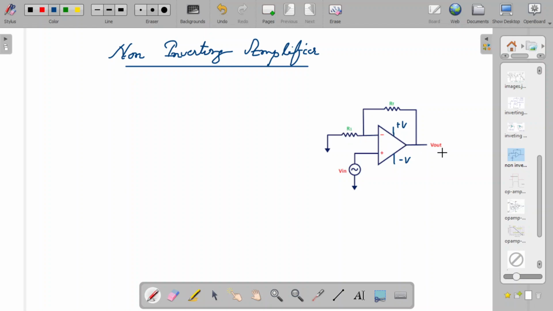Everything is the same, and you take the output from here. Suppose you have a resistance connected somewhere here to take the output voltage, and this is grounded.